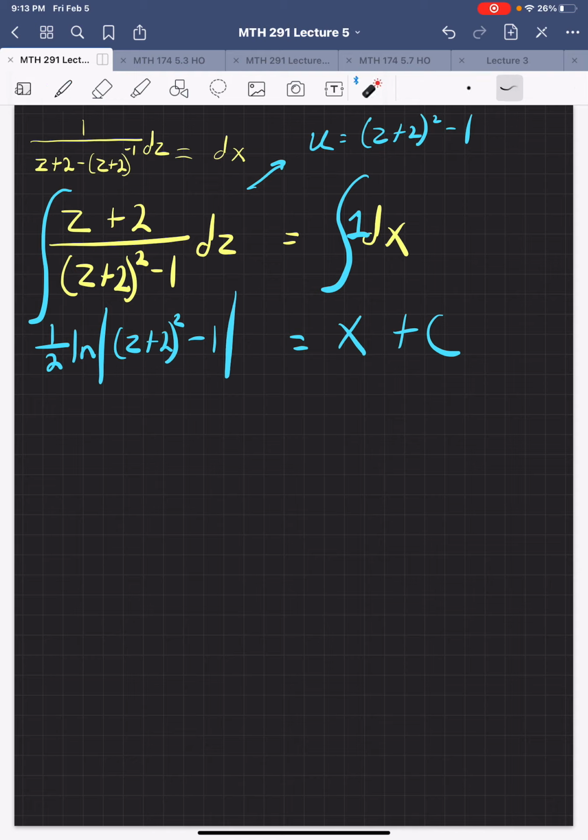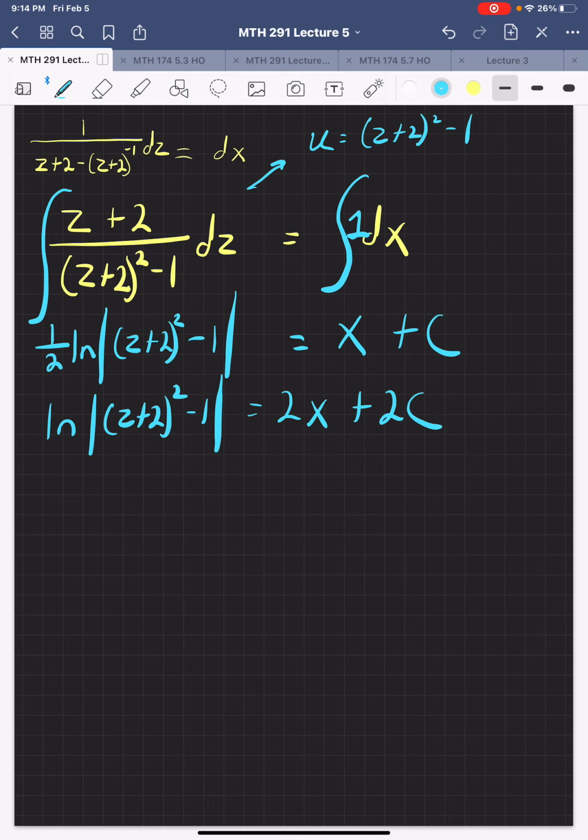Again, the goal is going to be to get z by itself. So let's go ahead and get rid of the half. We can get rid of the half if I just multiply by 2. At this stage, again, the goal is to get z by itself, so let's exponentiate both sides.